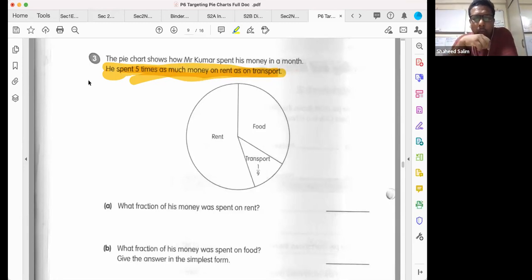Shafika, well done. So far only Shafika has gotten it.